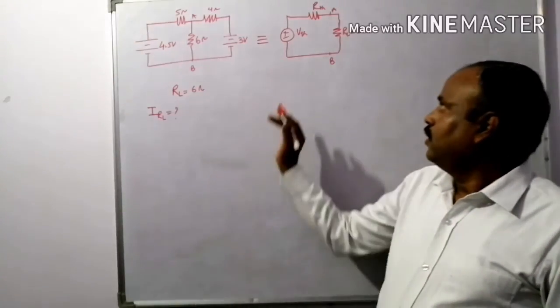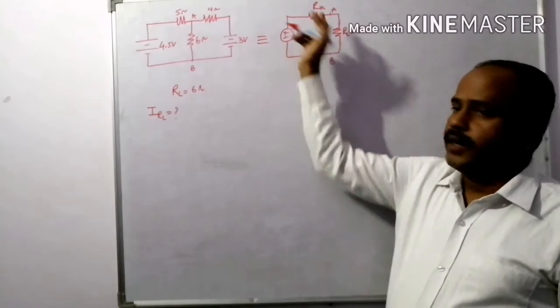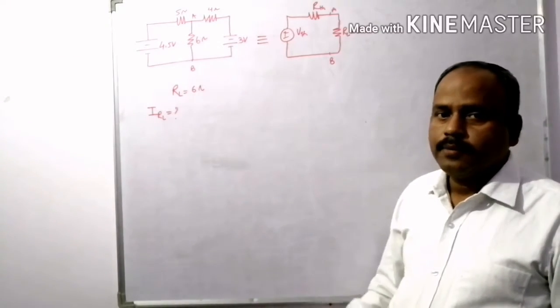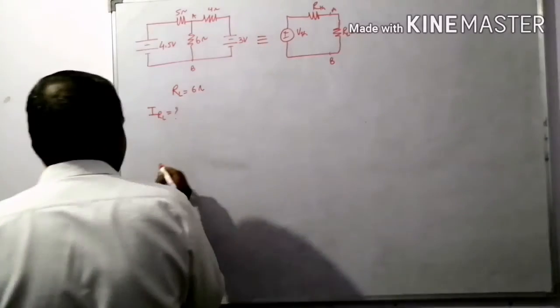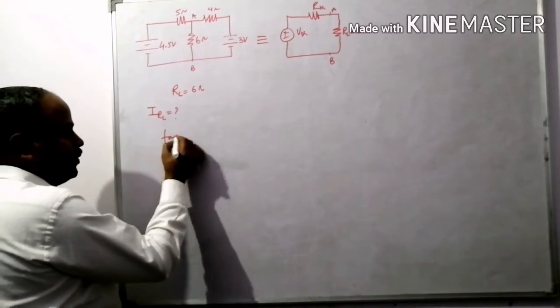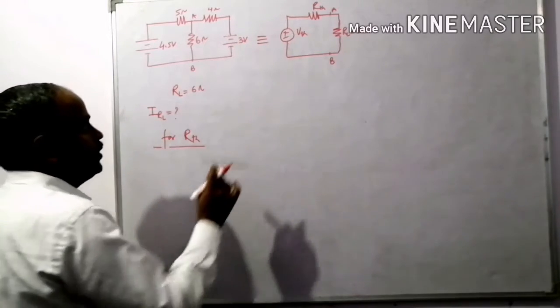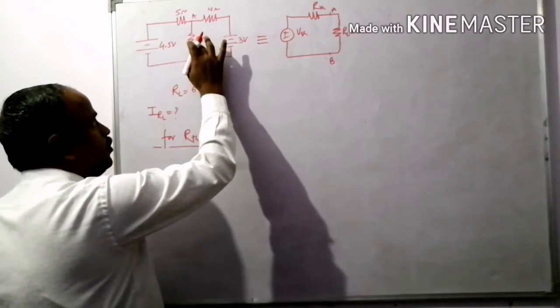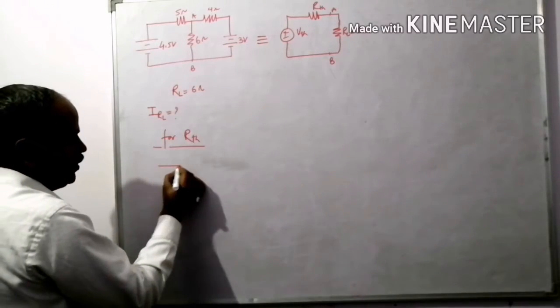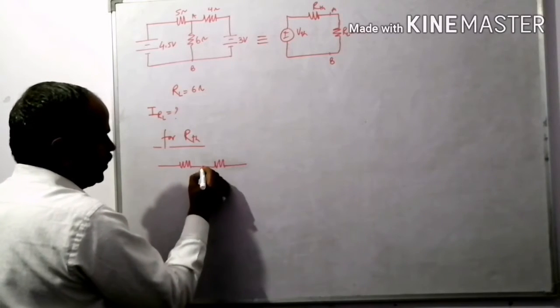Okay. For this equivalent circuit diagram, I want to calculate VTH and RTH. First of all, I am going to calculate RTH, right? For RTH, what is the procedure? All the voltage sources are short circuited and we remove the load resistor, then this circuit becomes like this.